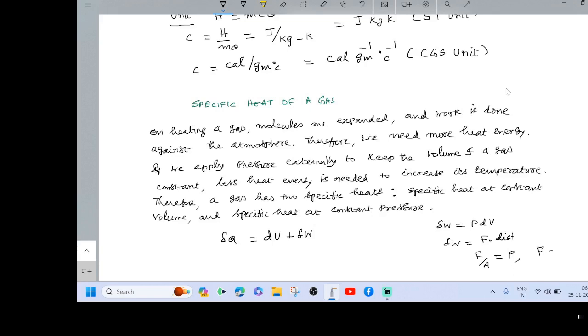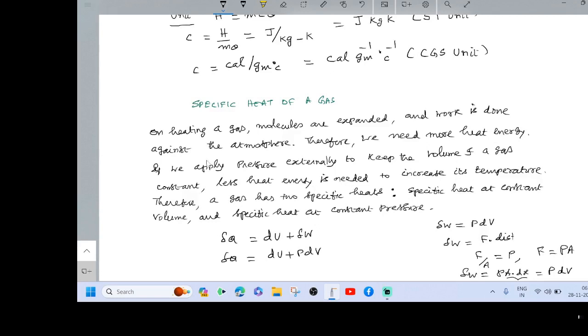Therefore, F equals pressure times area. Then dW equals pressure times area times distance moved dx. Area times dx is the change in volume, so P dV. So this equation is modified as dQ = dU + P dV.